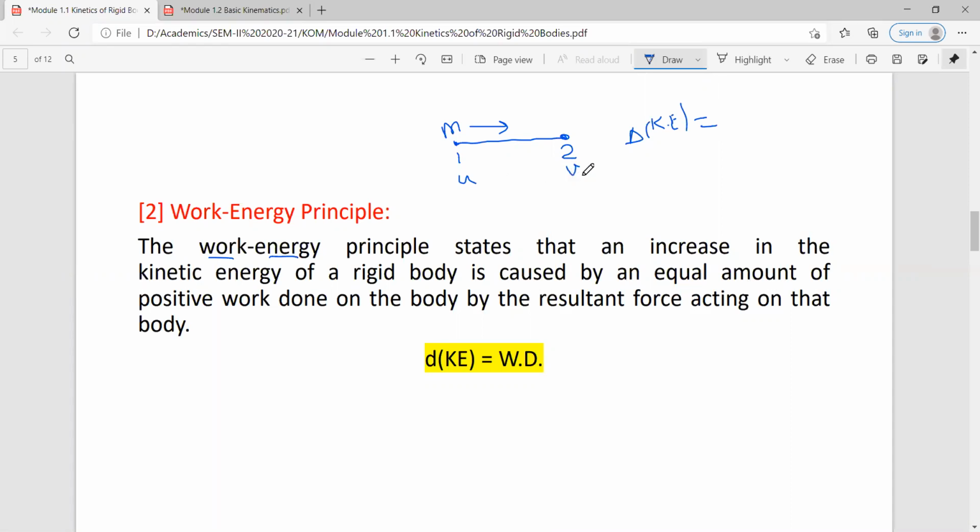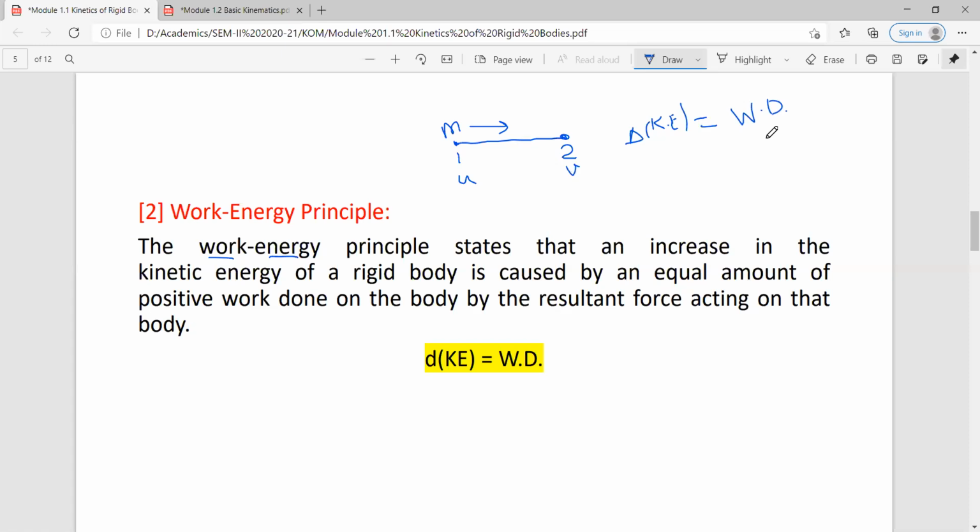Say the velocity has increased or decreased depending on the condition. Whatever change is there in kinetic energy, that change will be equal to the work done by the forces.